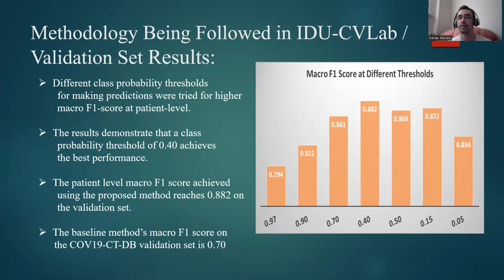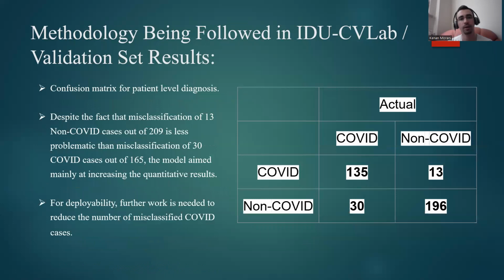On the validation set, the macro F1 score is 0.70. You can compare that to 0.882 in our work. So we achieved 0.882 macro F1 score on the validation set, and thus we exceeded the results of the baseline. All right, moving on now.